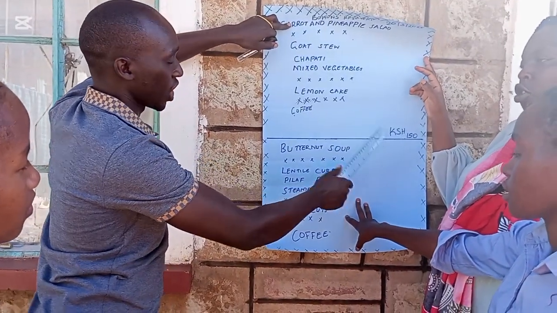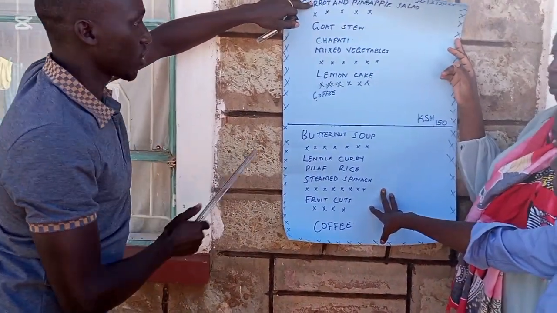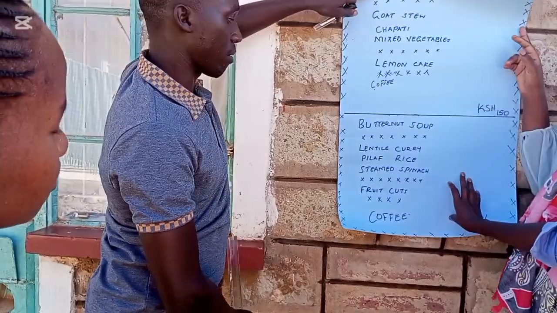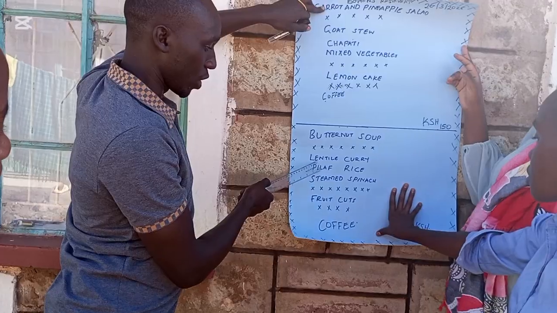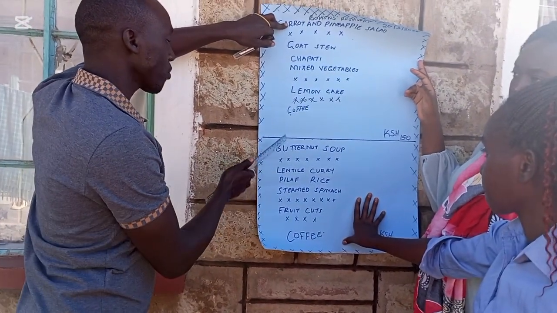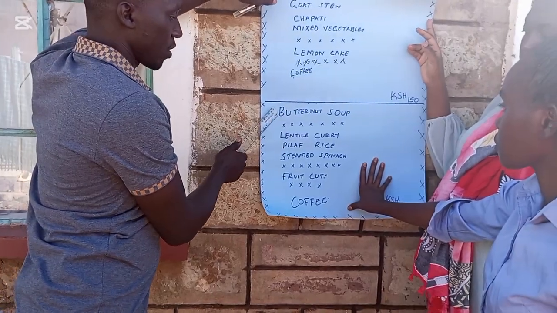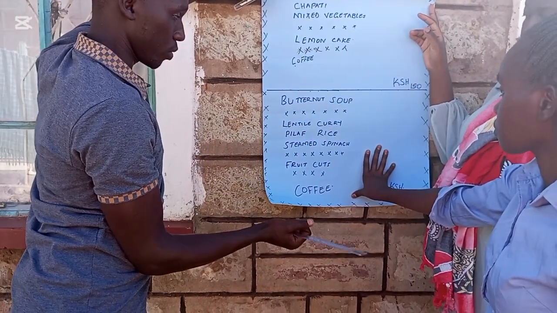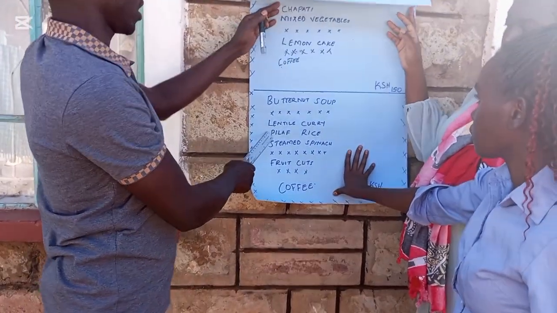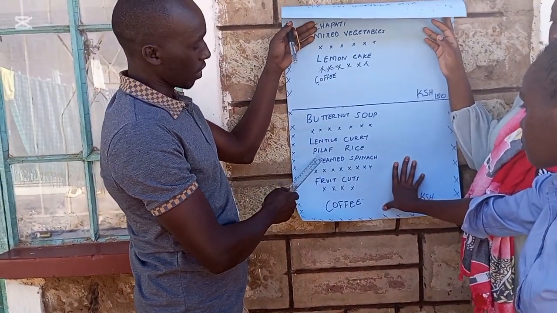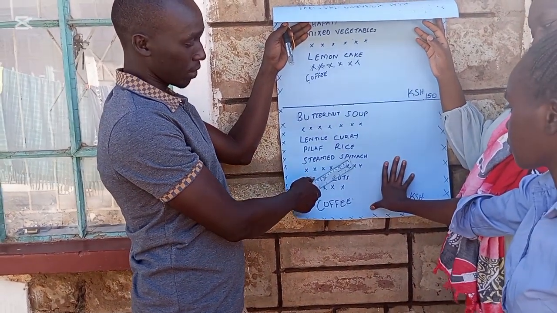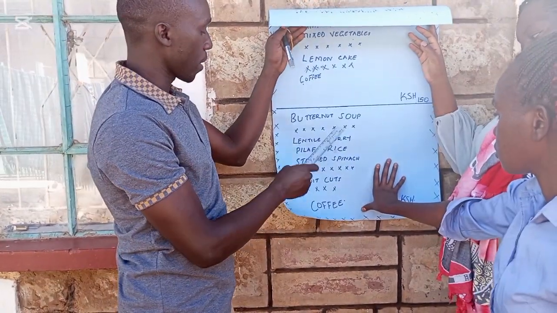The price is 150 shillings. Our second menu is a vegetarian menu. We included a lentil curry, which is a vegetarian protein. For the starter, we had a butternut soup. For our main meal, we have the lentil curry, pilaf rice as a carbohydrate, and steamed spinach as a vitamin.